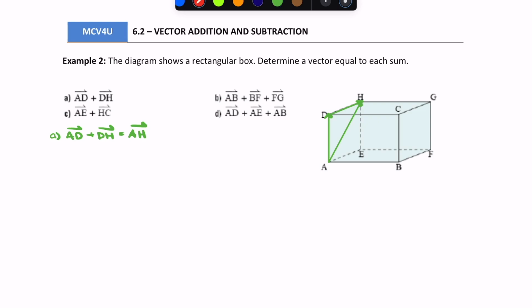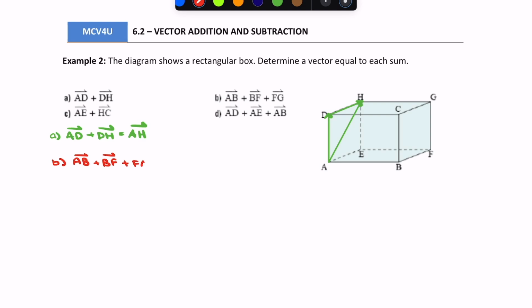For B, we have vector AB plus vector BF plus vector FG.